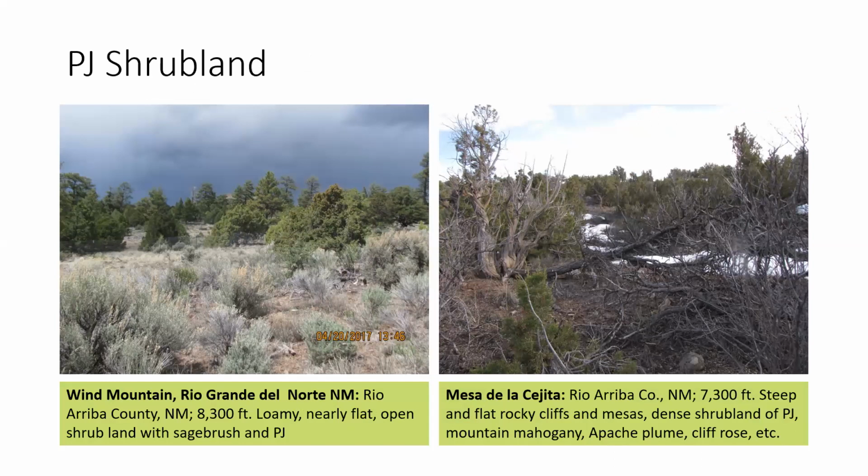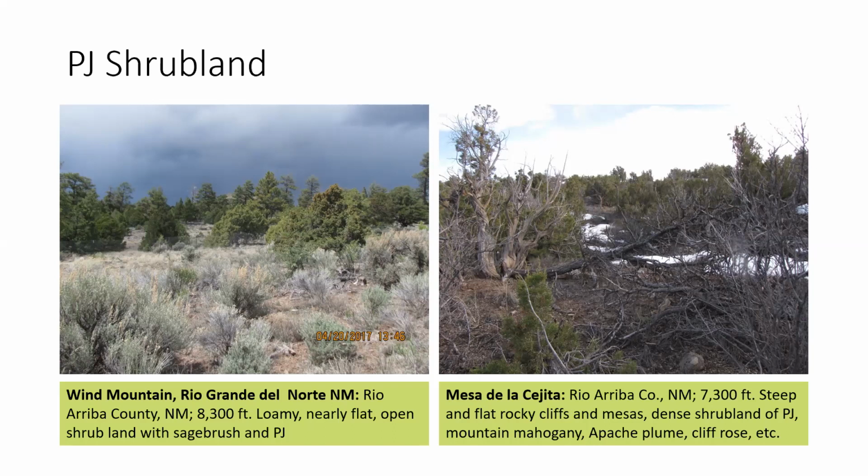Then the pinon juniper shrubland. Here an example of Wind Mountain at the northern end of the Rio Grande del Norte National Monument, northeast of Tres Piedras. At 8,300 feet, definitely winter precipitation induced, and the terrain is loamy, nearly flat, and has a lot of sagebrush as the shrub component.